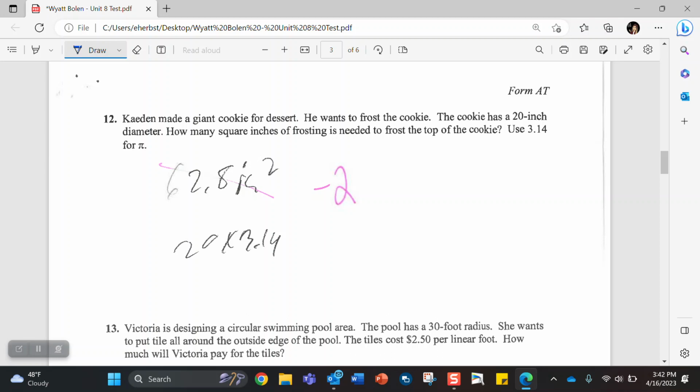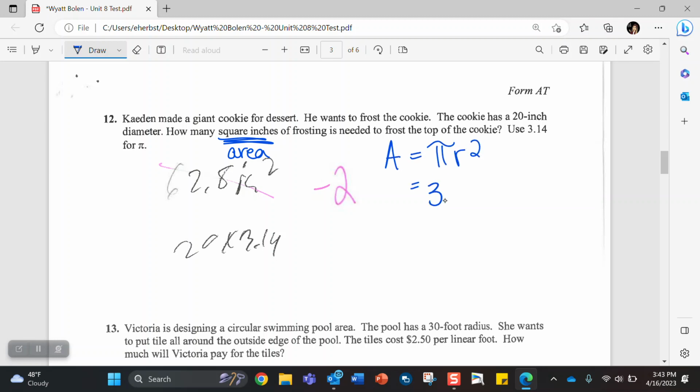He wants to frost it. The cookie has a 20-inch diameter. How many square inches of frosting are needed? So there's a hint, square inches, that we're trying to find area, frosting the top of the cookie, which is a circle. So area equals pi r squared again.